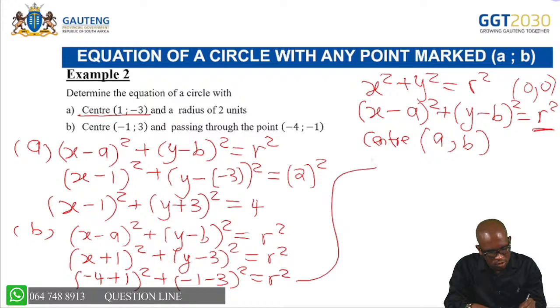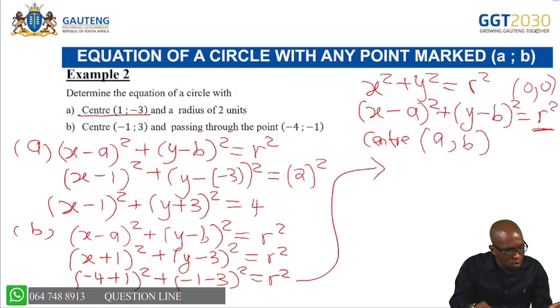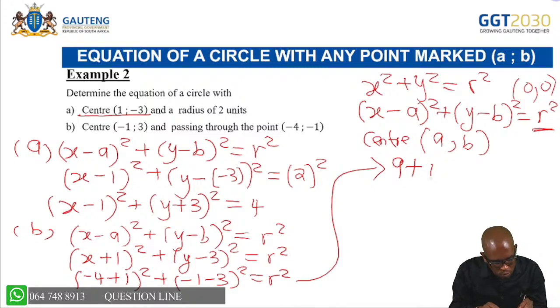If we continue, we're going to obtain that (-4 + 1)², that would be (-3)². That should be 9. Plus (-1 - 3), that would be (-4)², which would be 16.